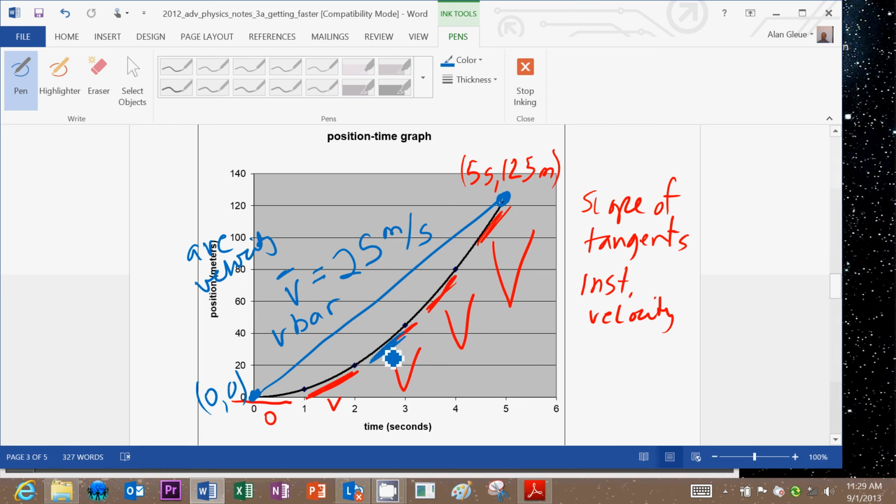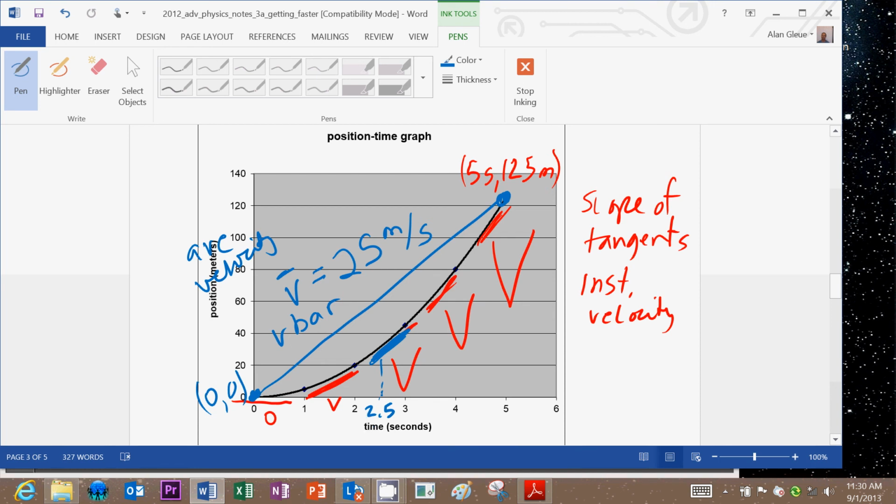Well, only for an instant, right? So if we draw the tangent line that's parallel to that line, that would represent the time that it's going the average speed, right? So we know that's got to be 2.5, right? Because the car went for 5 seconds, that's the midpoint.